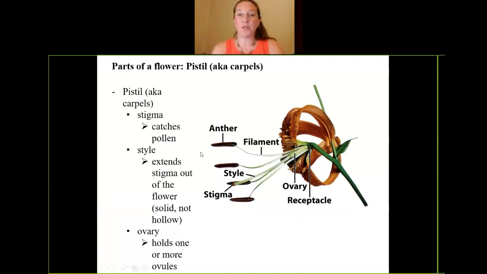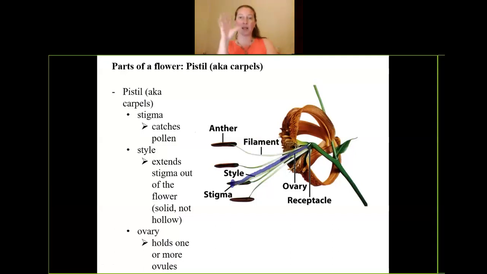So what are the functions? Let's first talk about the pistil or the carpels. So the stigma, which is at the tippy tip right here, catches pollen. That's its job. So I always say sticky stigma because it catches pollen. The style is just the thing that holds the stigma out of the flower.